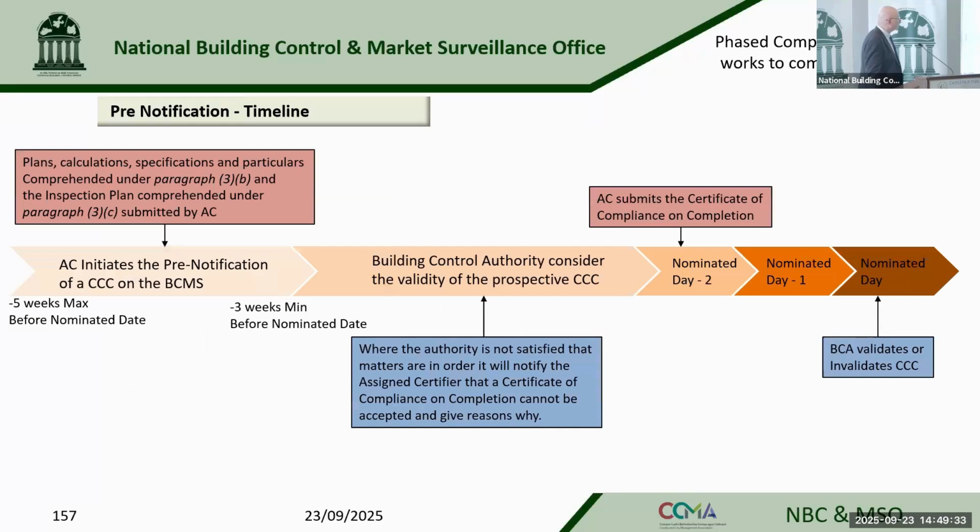And just to note that at the end of that process, the Building Control Authority may still invalidate or validate the cert. So if there's something wrong with the CCC when it's submitted 2 days before, it might be rejected. If it's rejected, as Richard noted earlier on, you're back to a normal CCC process where you submit the documentation and wait for your 21 days for your CCC.